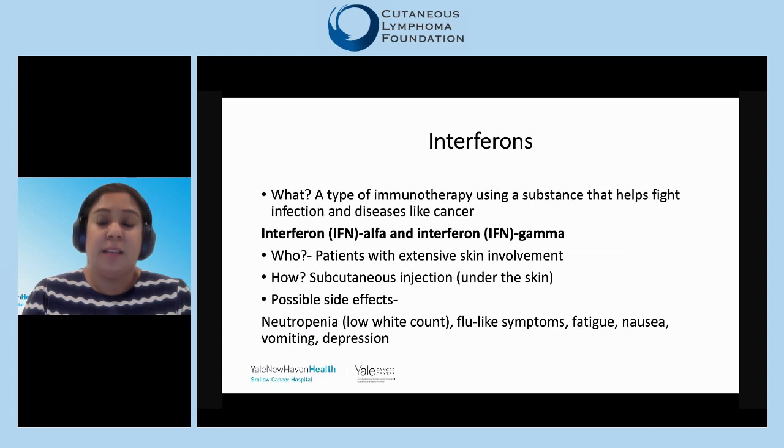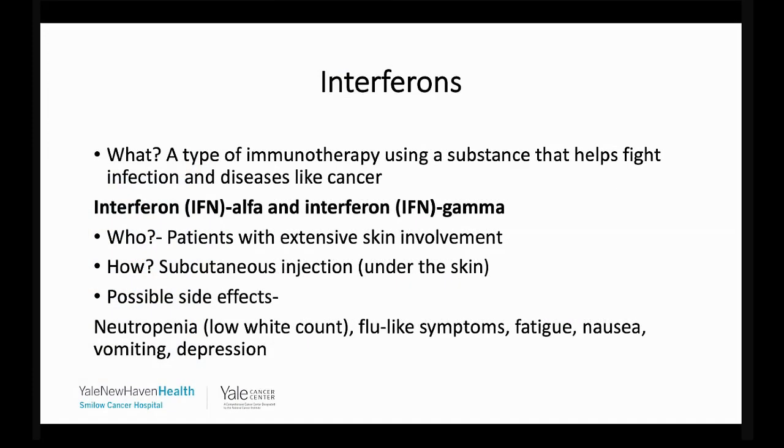So next, I'm going to talk about interferons. So what are interferons? They are a type of immunotherapy that uses a naturally occurring substance that helps fight infection and diseases like cancer in the body. But in the case of interferons that we use in clinic, these are produced in the lab, and they kind of mimic the interferons that are naturally occurring in the body.